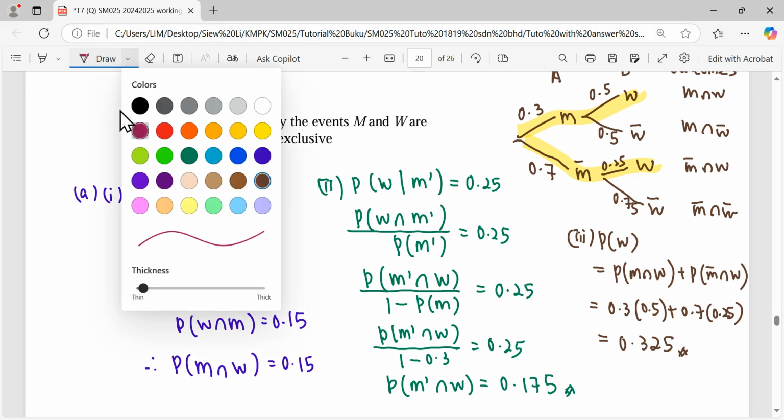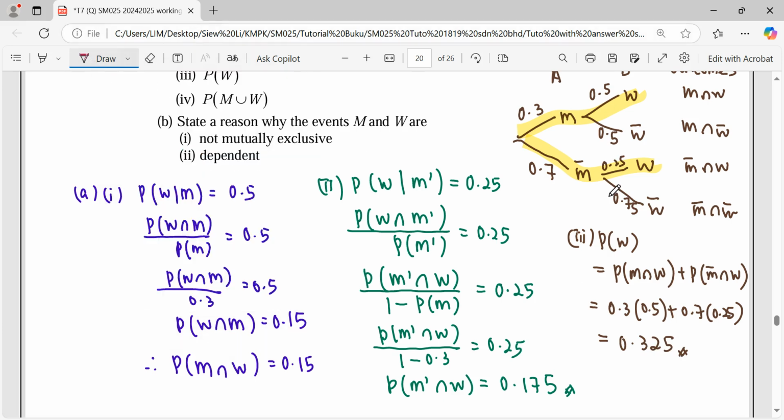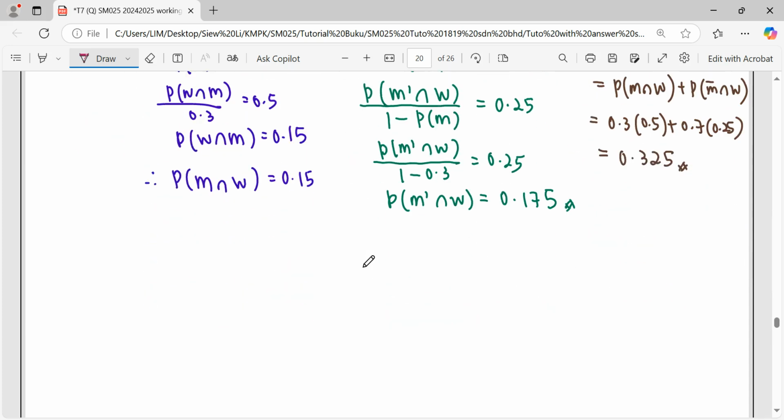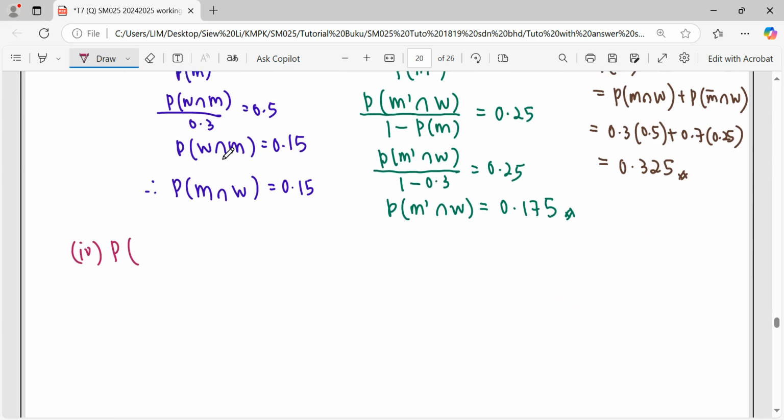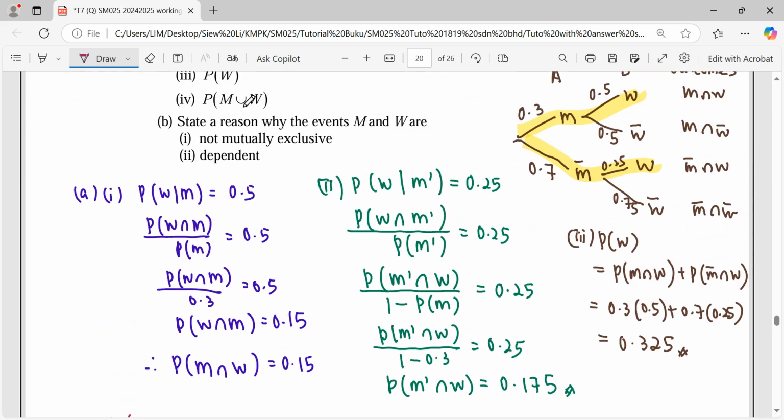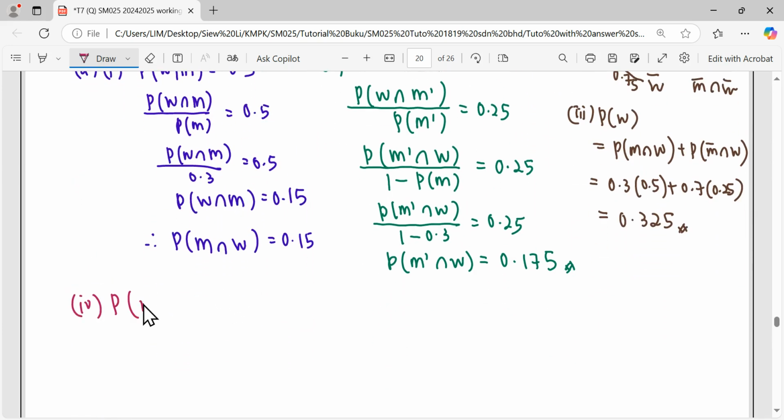Alright, then continue. For question number 4, to get the probability of M union W, we can apply our formula, which is P(M) plus P(W) minus P(M intersect W).